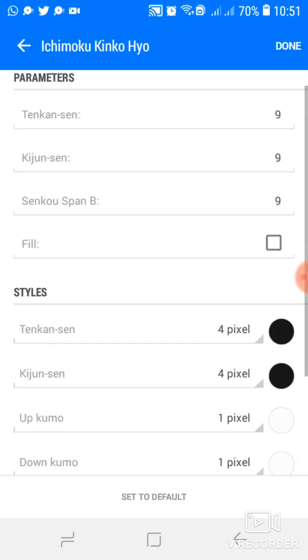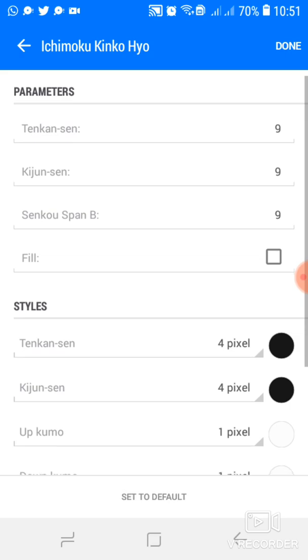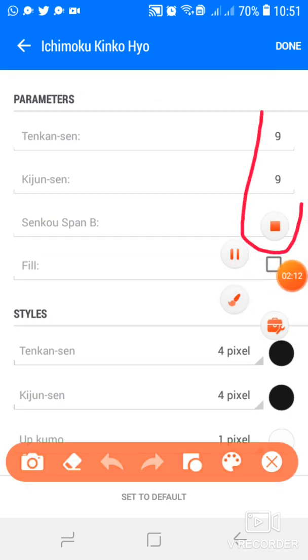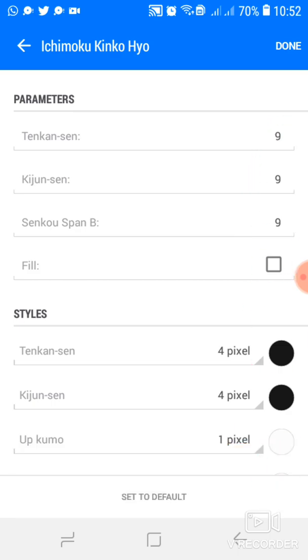Under Ichimoku, you will set the parameters as they appear here. Tenkansen will be 9, Kijunsen will be 9, Senkou Span B will be 9. You don't need to press fill.